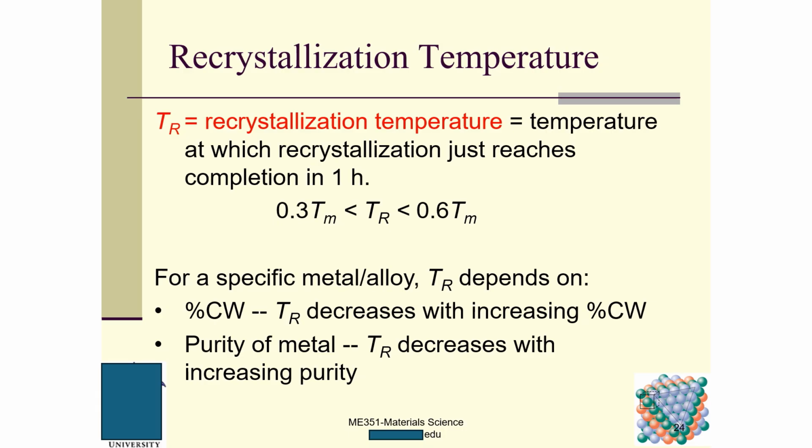Tr is in the range of 0.3 multiplied by Tm to 0.6 multiplied by Tm. For a specific metal or alloy, Tr depends on the percentage of cold working. Tr decreases with increasing percentage of CW. Regarding purity of the metal, Tr decreases with increasing purity.